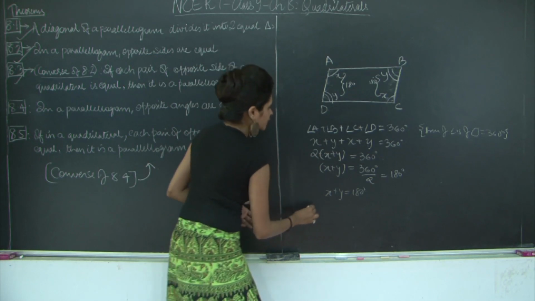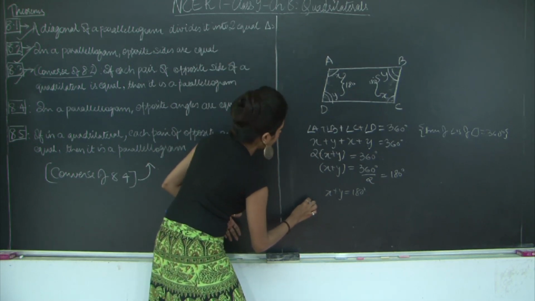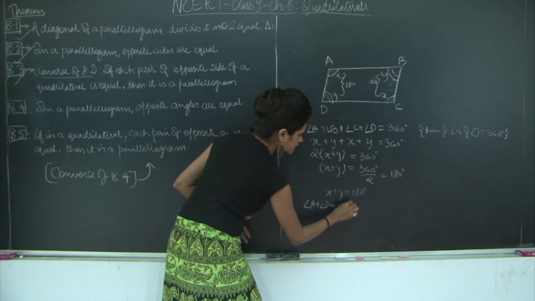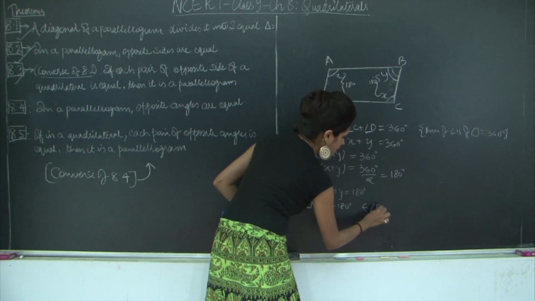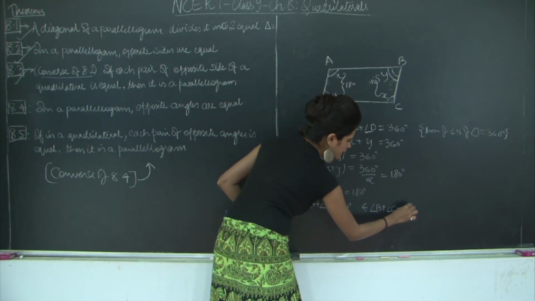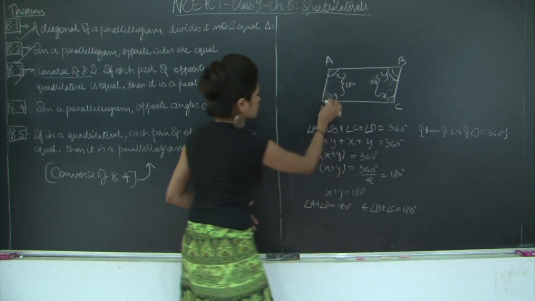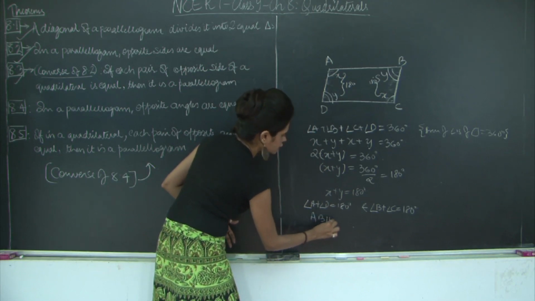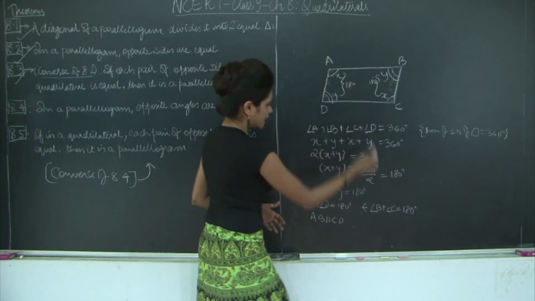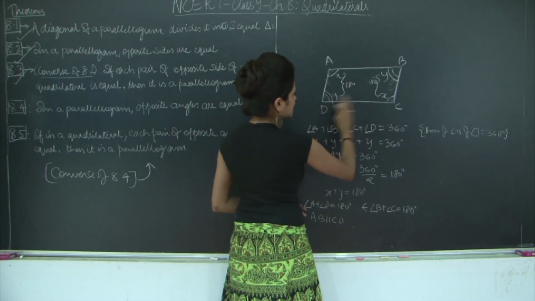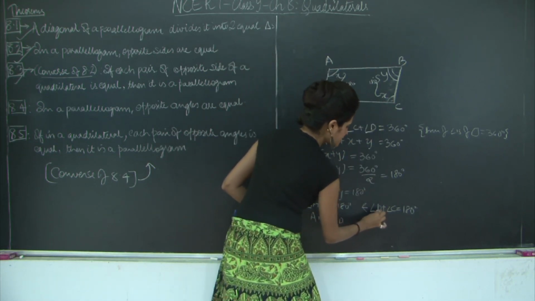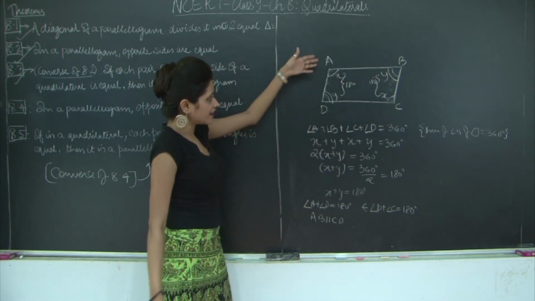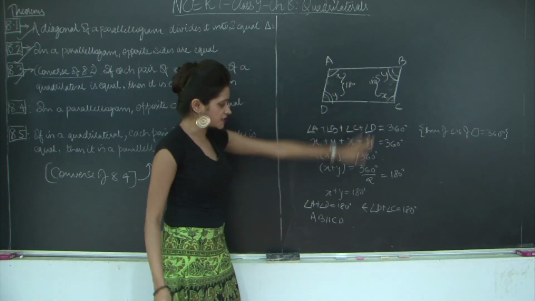Let's just write this. So I'll say angle A plus angle D is equal to 180 degrees and angle B plus angle C is equal to 180 degrees. So what do I have? AB parallel to CD, angle B and angle C. Even if I take let's say D and C, so when I take D and C as interior angles, then I have parallel lines, I have lines AD, BC and CD as my transversal, correct?